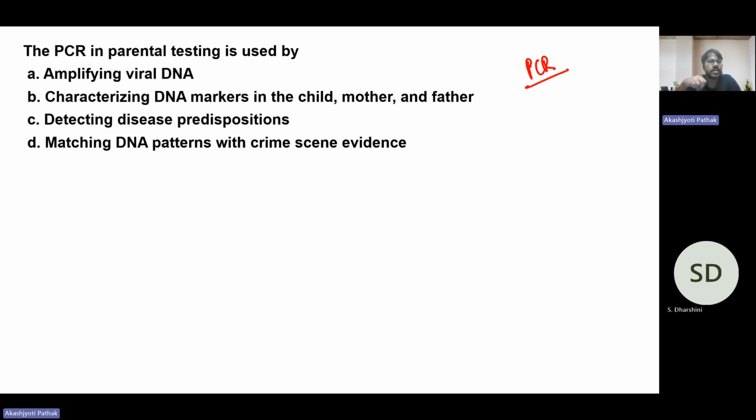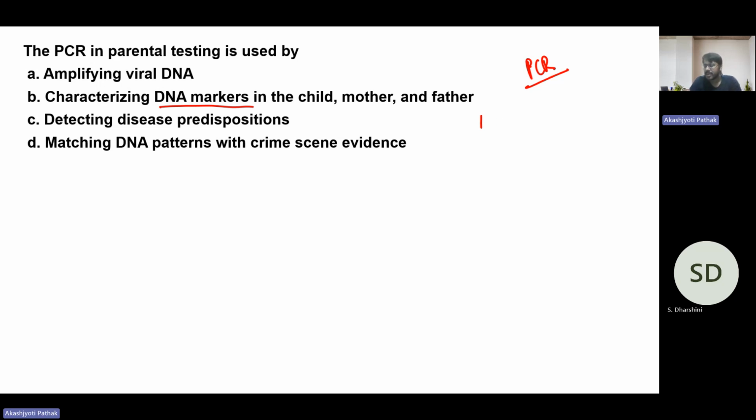Okay, so matching DNA patterns with crime scene evidence, detecting disease predisposal, characterizing the DNA markers in the child, mother, and father. There are specific DNA markers which are transferred as they are from the parent to the offspring. There are certain chromosomes which have particular DNA repeats, random repeats of DNA.